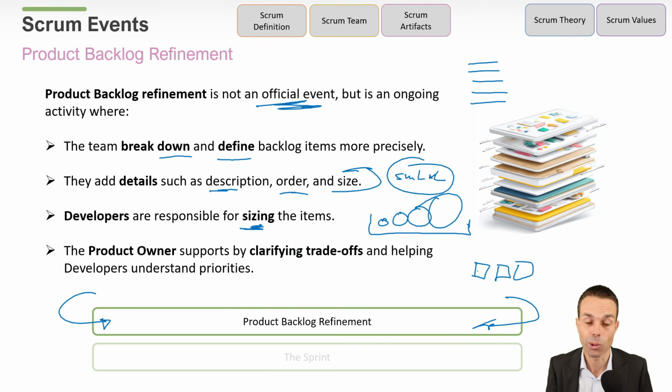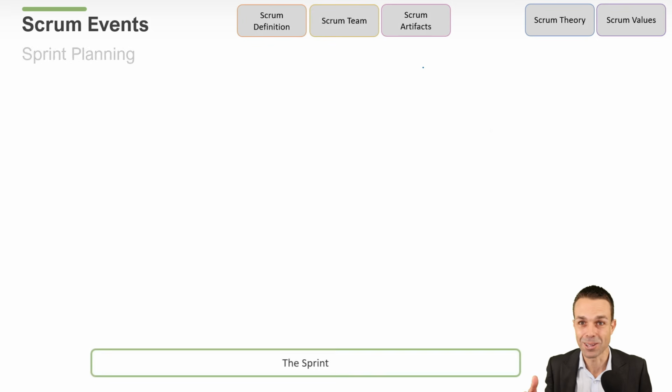The product owner supports by clarifying trade-offs. So if we need to trade off any items, if we need to take something out or add something in, the product owner can help. And they help developers understand the priority. So if we're going for that 50% sales target, that is our highest priority. That's what we're trying to meet with this particular feature. That's our example.